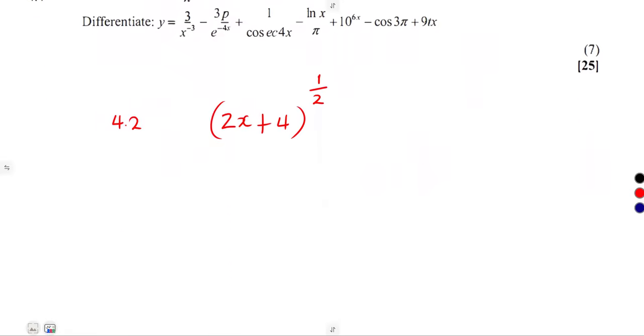You have x plus h to the exponent of n is going to give us x to the exponent of n plus n times x to the n minus 1 times h plus n times n minus 1 x to the exponent of n minus 2 h squared over 2 factorial, and so on and so on.